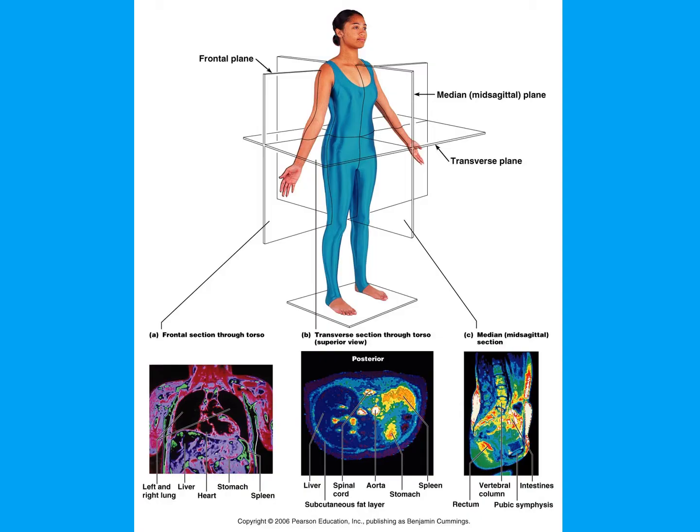Let's say you are going to be doing a CAT scan. You need to know, depending on the individual circumstances of what is going on with the patient, what the doctor has ordered, how they want to view things.